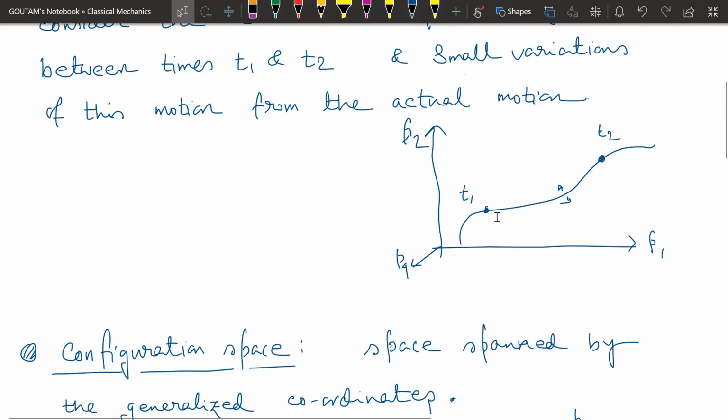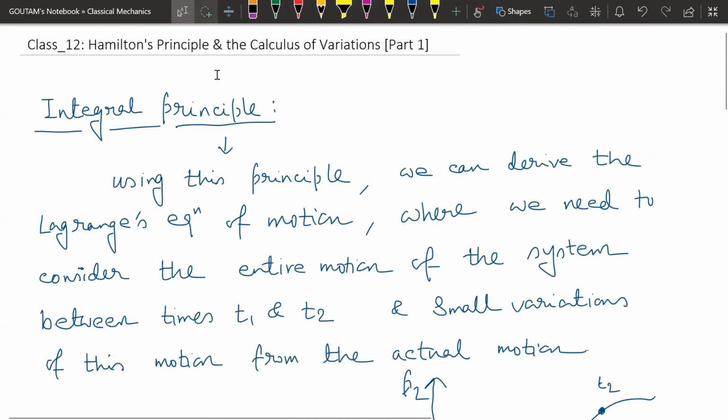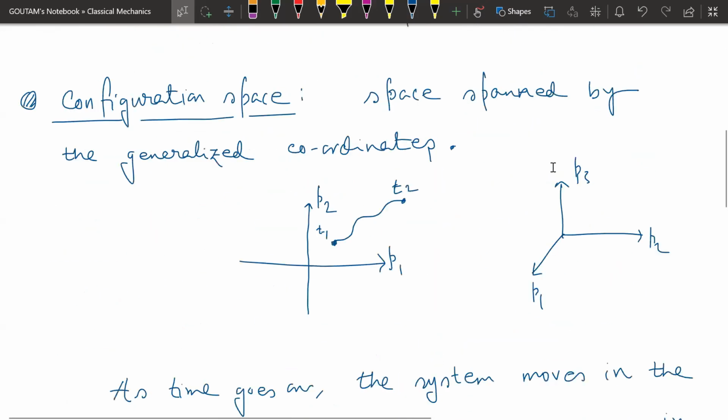So we are trying to define a principle which will guide us to identify the correct path which a particle will follow while going from this point to this point. So that's the idea behind introducing this new Hamilton's principle.